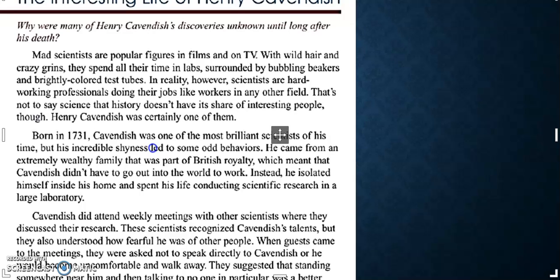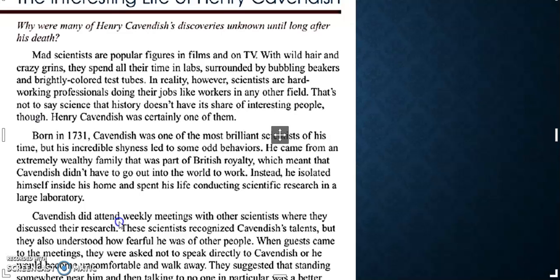Shyness led to some odd behaviors. He came from an extremely wealthy family that was part of British royalty, which means Cavendish did not have to go out into the world to work. Instead, he isolated himself inside his home and spent his life conducting scientific research.